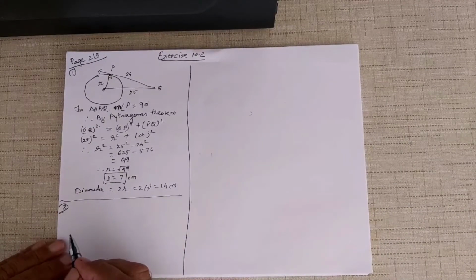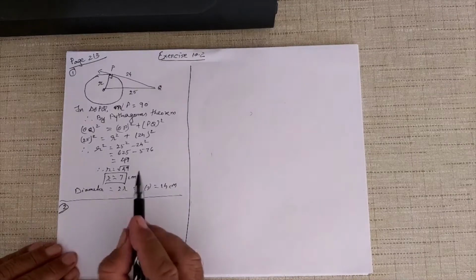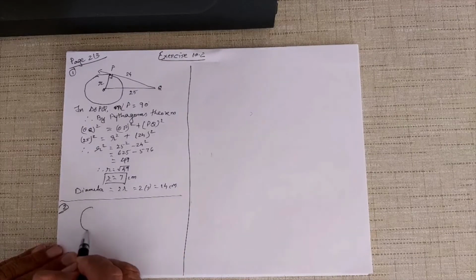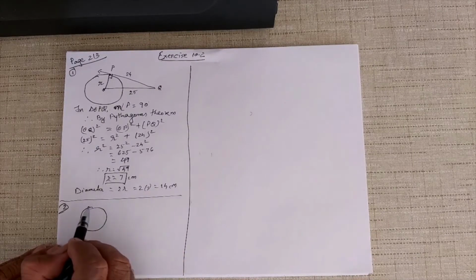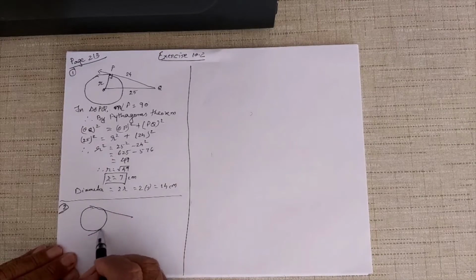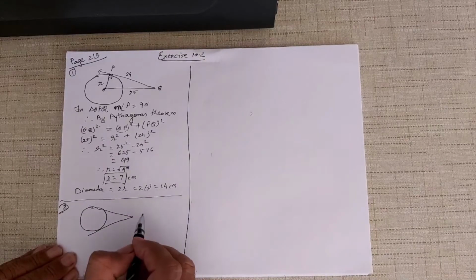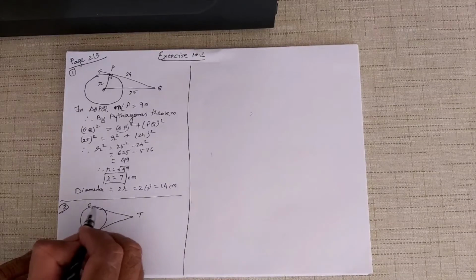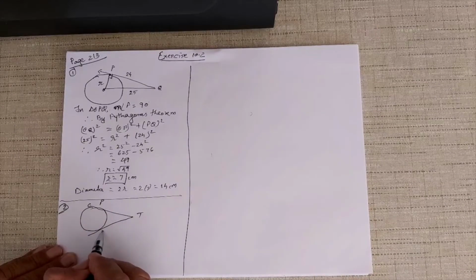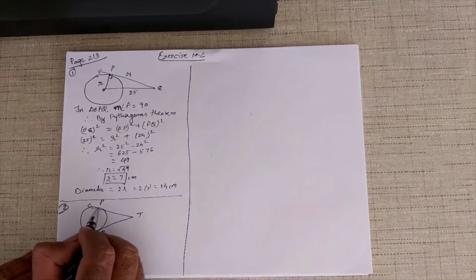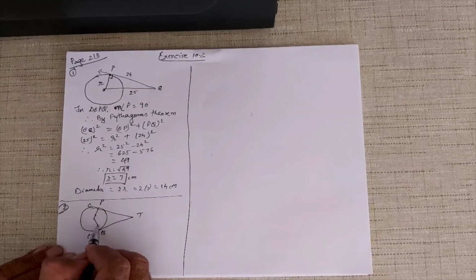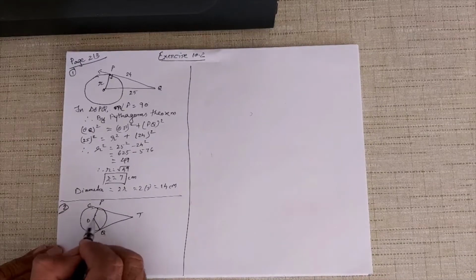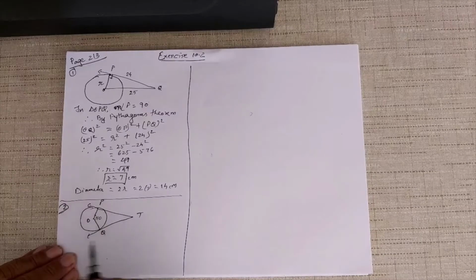In the second question, the figure is given. We have a circle and we have two tangents from an external point T, at point P and point Q. O is the center of the circle. This is 110 degrees.